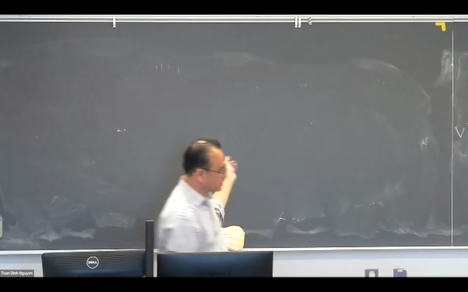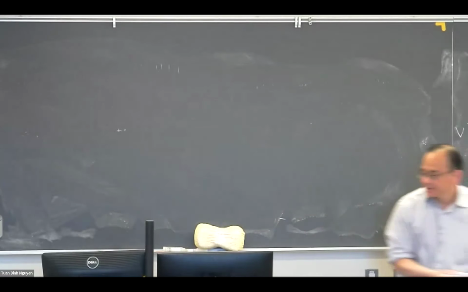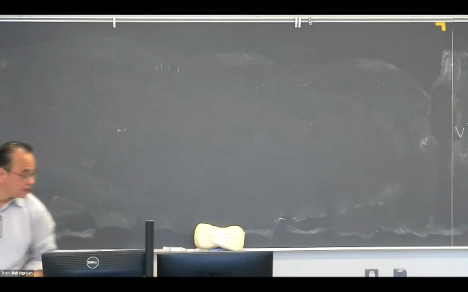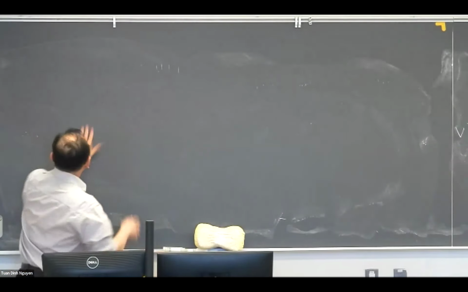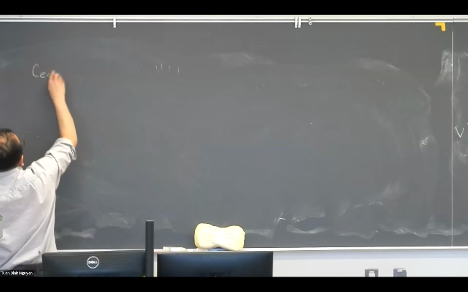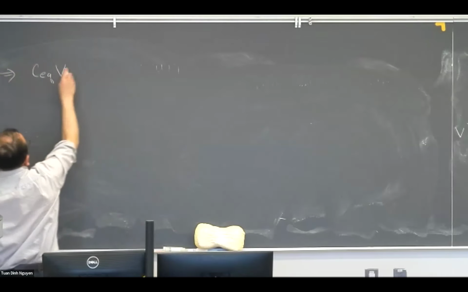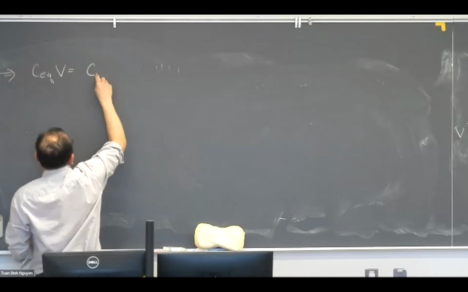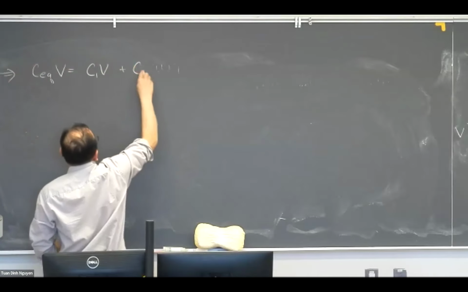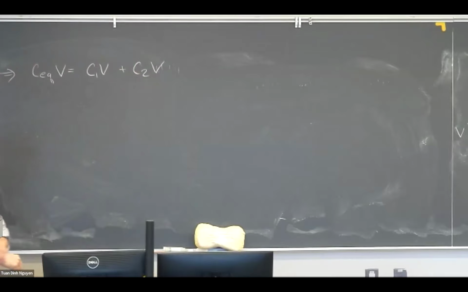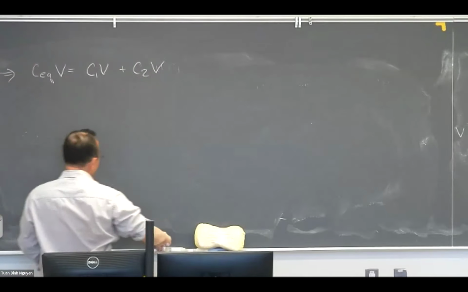And so that last equation, I'm going to continue it over here by plugging in what those are. So that's going to be C equivalent times V equals C1 times V plus C2 times V. Okay. And you see that the V's all cancel.